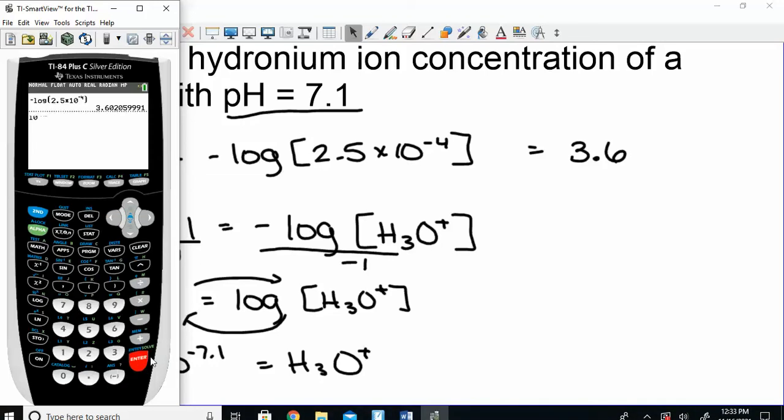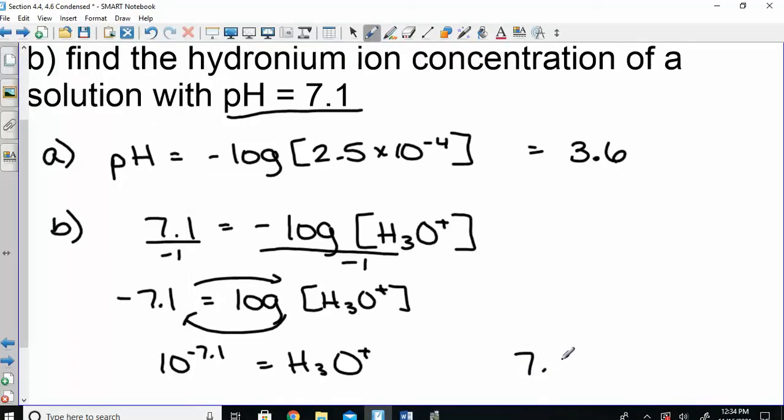It'll be in scientific notation. When I type in 10 to the negative 7.1, I get 7.94, a bunch of decimal places, then it says E negative 8. What that means is 7.94 times 10 to the negative 8 power.